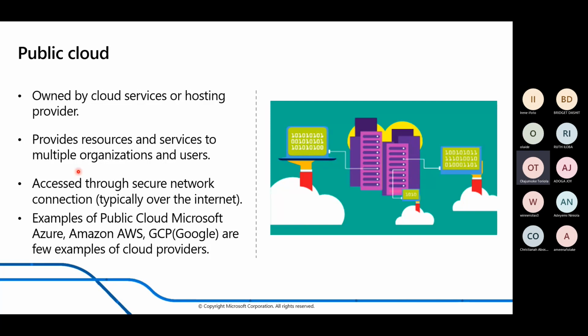When you look at public cloud, let's bring it down to a layman. If I build a family house and I say this house is only for my family members, even though it has different rooms for each of my children, that is referred to as private cloud. Each of my children in that flat or in that house is actually a tenant in their own specific flat.